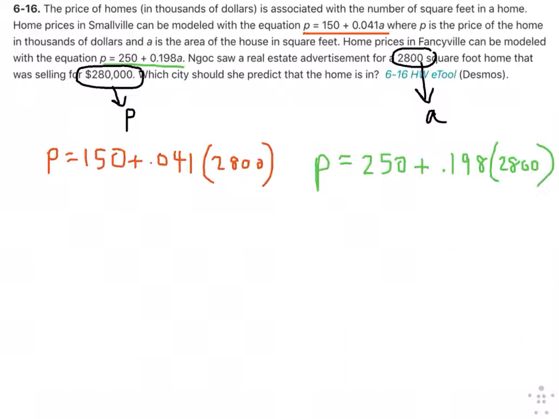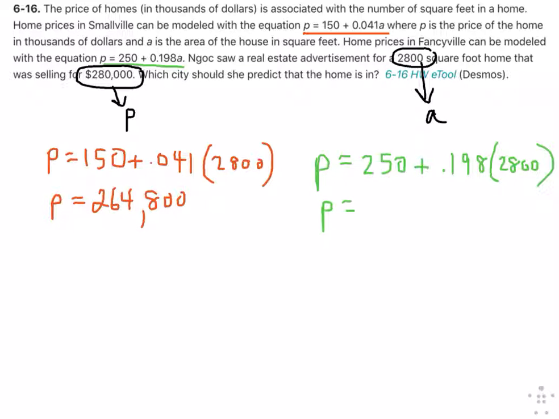So the first one in red was Smallville. We look at Smallville and make this calculation, and it comes out to $264,800. And then we do the same for Fancyville.